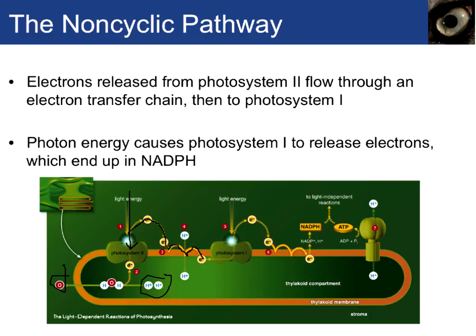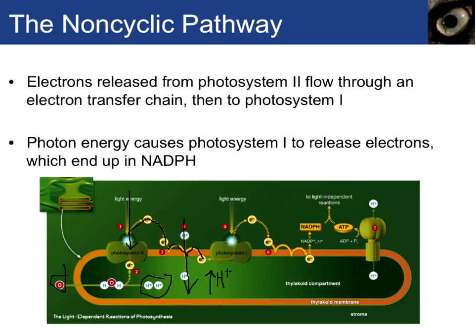And so you're going to have hydrogen ions pumped across into the inside of the thylakoid compartment, and you're going to increase the hydrogen ion concentration. Then light energy is used to hit photosystem 1.